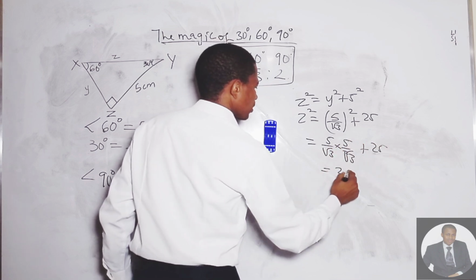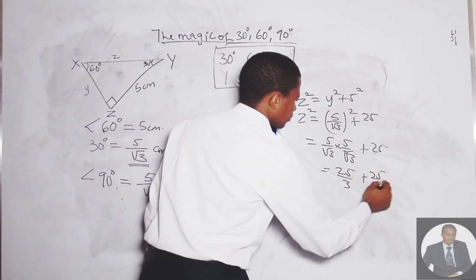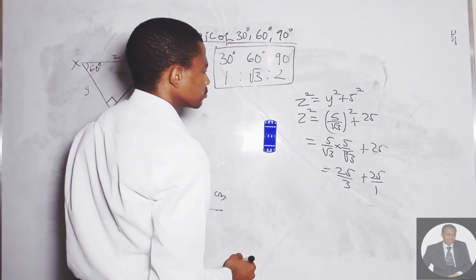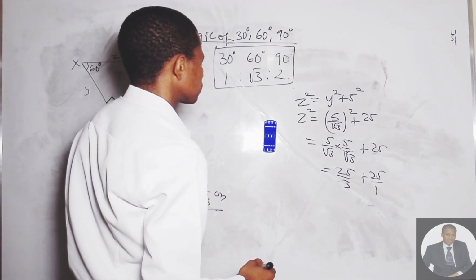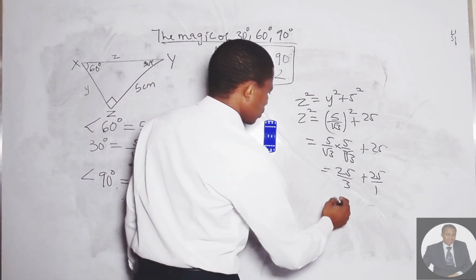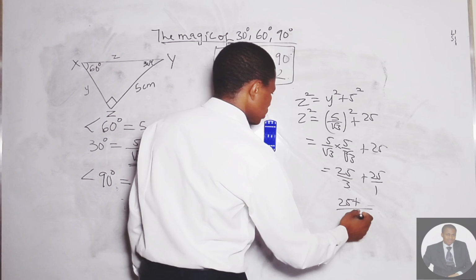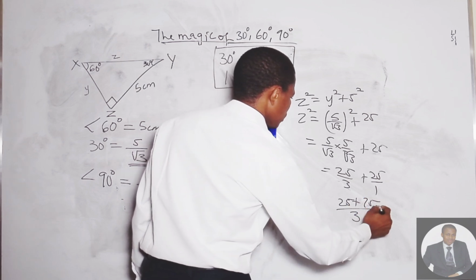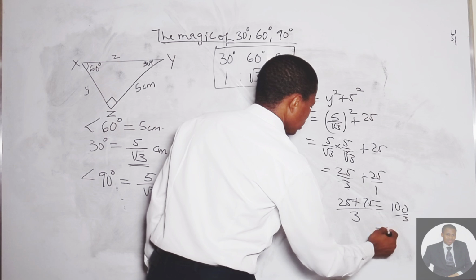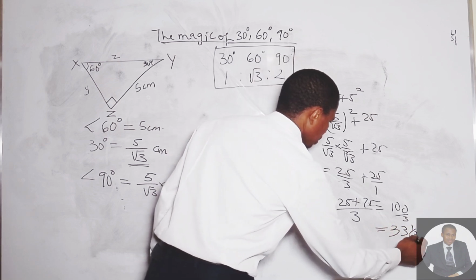This will give us 25 over 3 plus 25. So the LCM is 3, which is 25 plus 75, and that will give us 100 over 3, and that will give us 33 1 over 3.